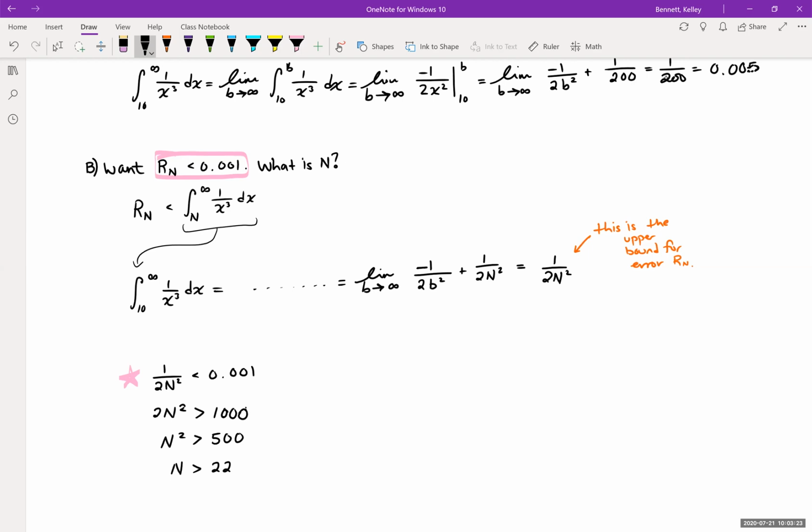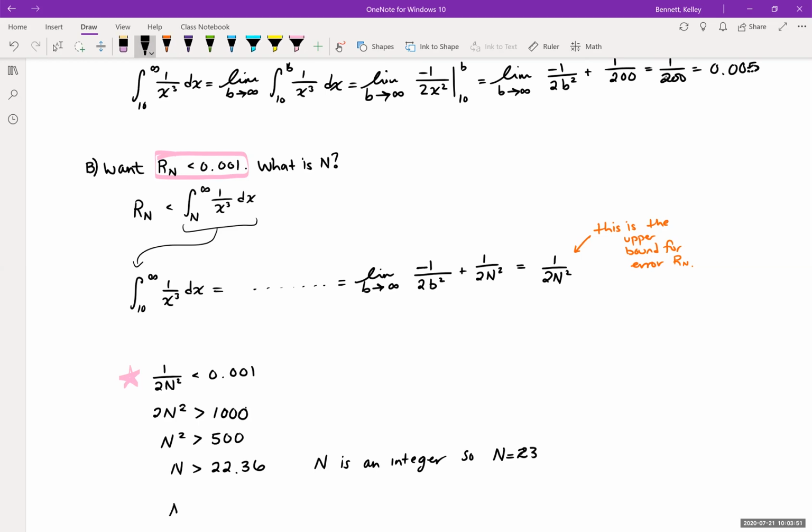Then the last step is just to realize that n is an integer. So you can't go down to 22, because then you may not meet your error tolerance. So always round up to the next biggest integer.